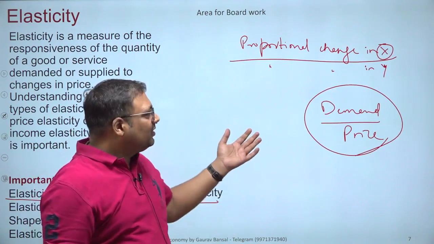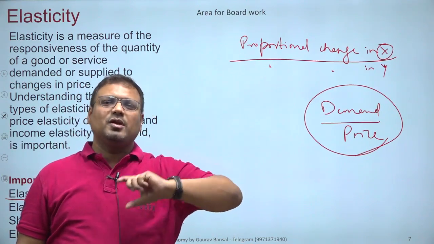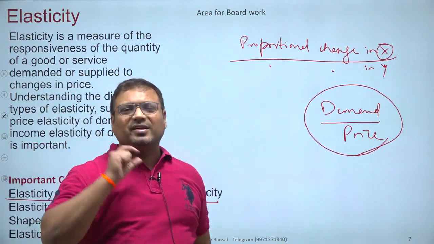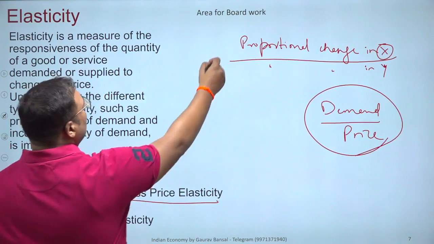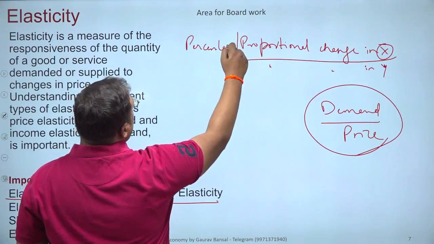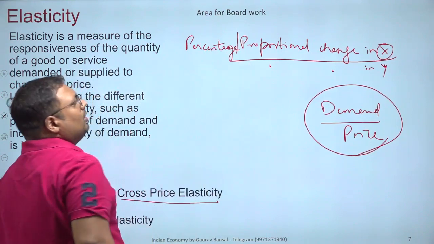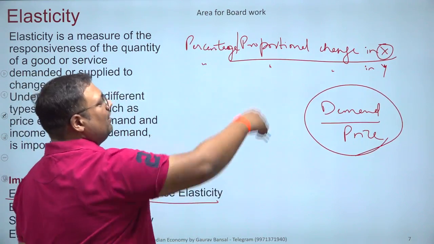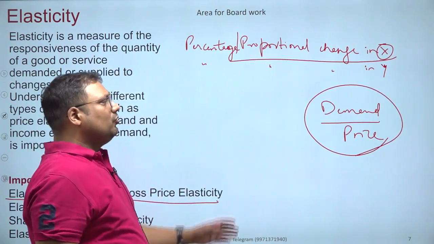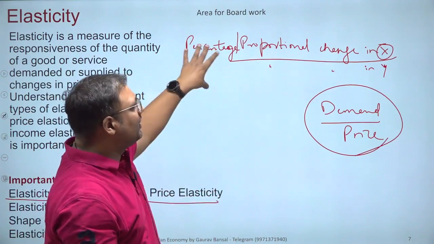So what we can say is if price falls from 10 to 8, that is 20% change, then elasticity can be calculated because it is proportional, percentage change. So this is what we have here in the equation, demand over price. Any elasticity is basically this, and that is how it can be calculated.